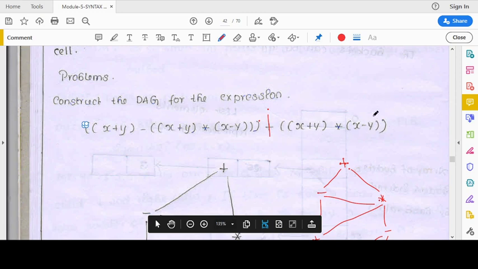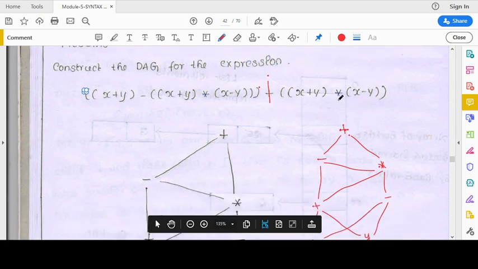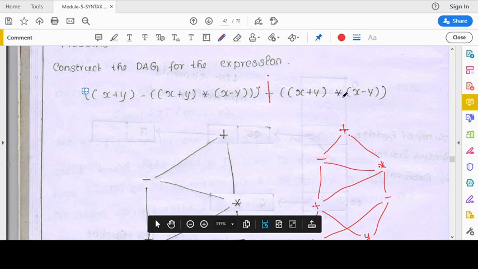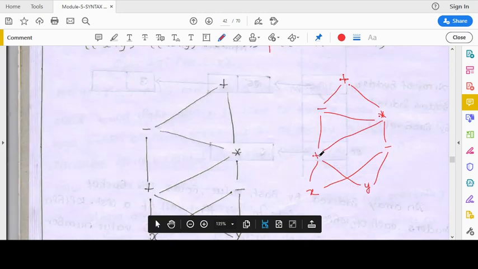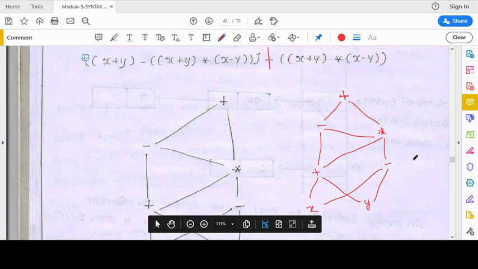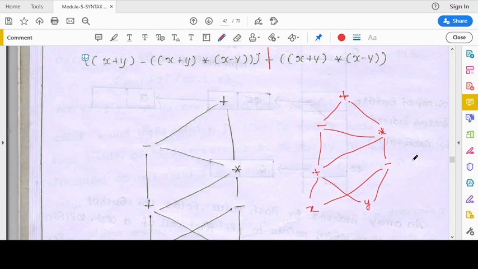By default this is already done, because this star is the right child of plus, and the left child of star is plus, and the right child of star is minus. Similarly, plus has reference to x and y, and minus has reference to x and y. So this will be your DAG representation for the expression you see here.